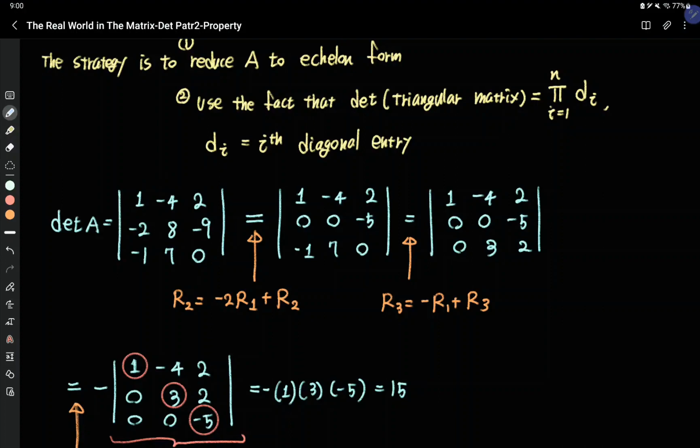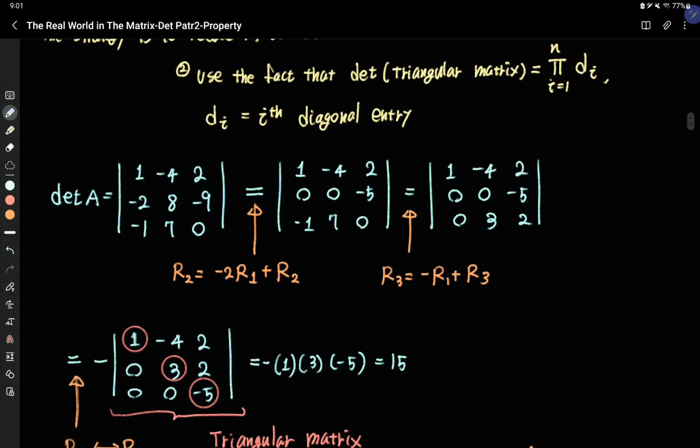So we replace the second row by this one, and we got this. And now to make this entry 0, we perform the row operation negative R1 plus R3 and substitute this into R3, which means replacing the third row with negative R1 plus R3.